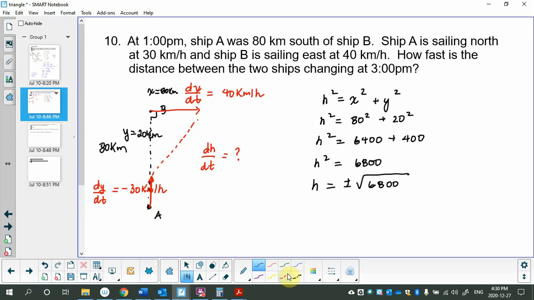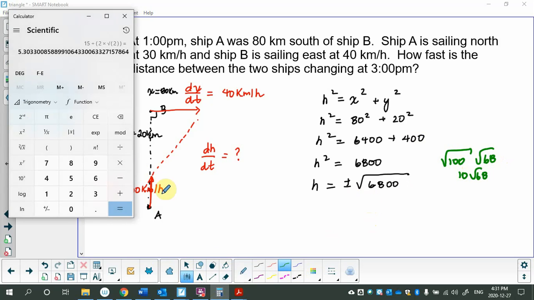And I'm going to try to reduce radical form that. So 100 times 68 is 10 root 68. But 68 is divisible by 4, I think. Yep, 4 times 17.